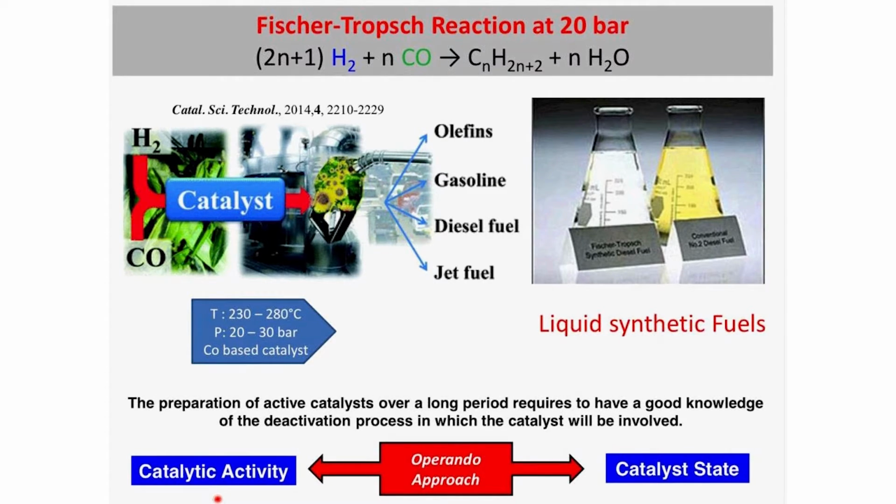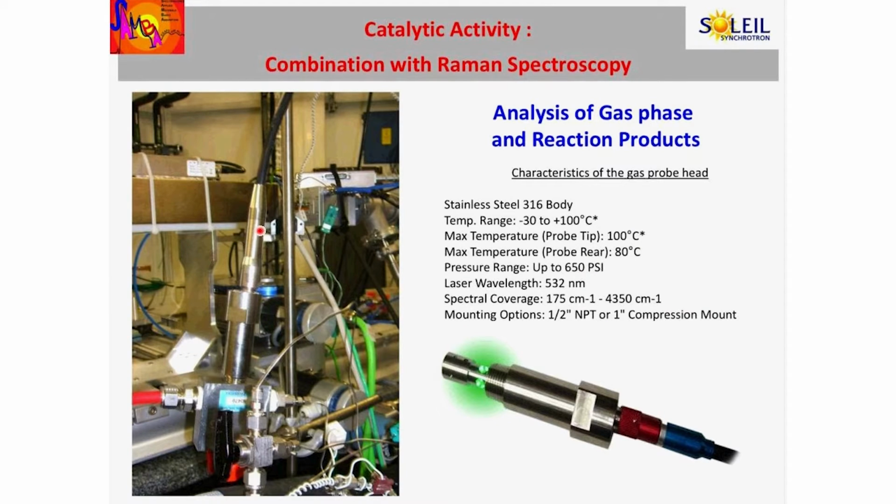We used Raman spectroscopy to assess this catalytic activity, and of course, as you will see later, X-ray absorption spectroscopy to have information about the catalyst state, the state of cobalt at the surface of alumina.